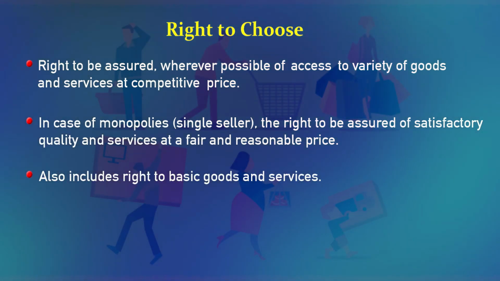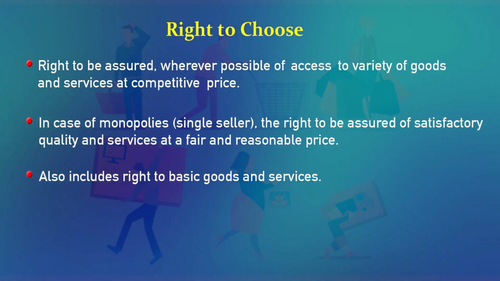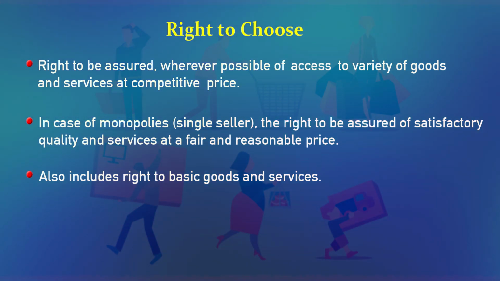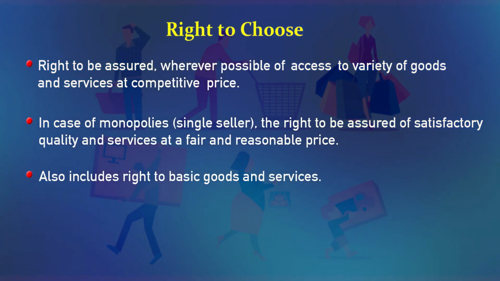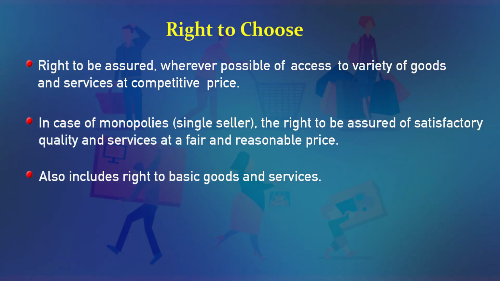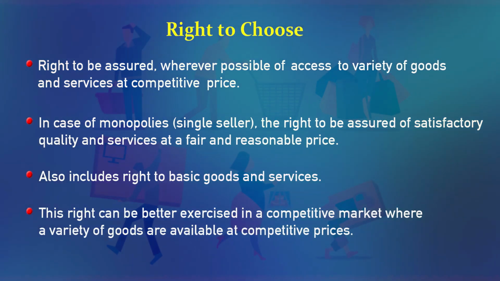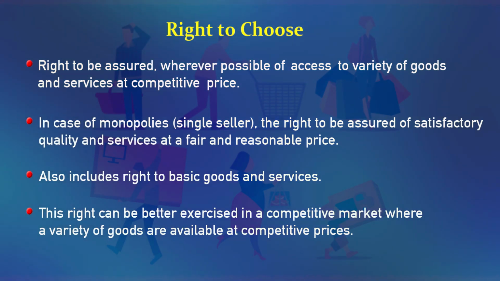Also, the right to basic goods and services, the right to be informed, and the right to choose are available for basic and essential commodities. We cannot say that the right to goods and services is not available for basic and essential goods. This right can be better exercised in a competitive market where a variety of goods are available at competitive prices.